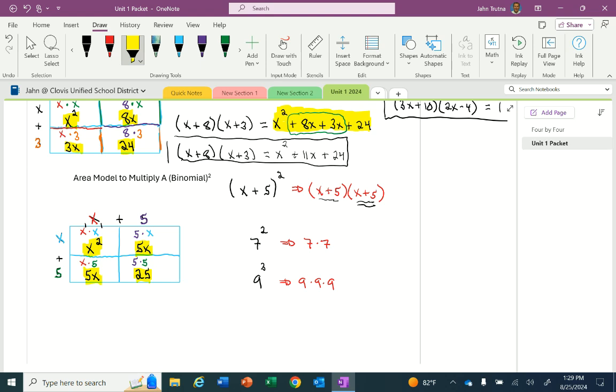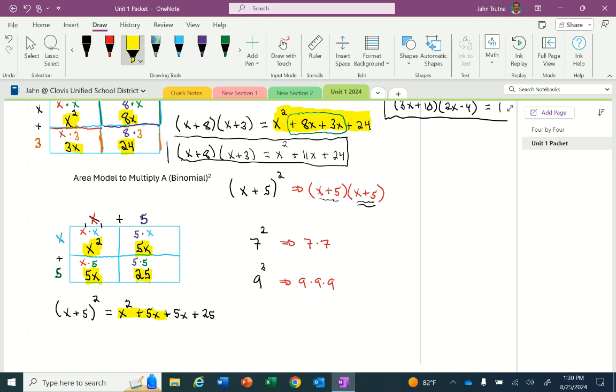So what these 4 rectangles tell me is that when I take the binomial x plus 5 to the second power, it is equal to x squared plus 5x plus 5x plus 25. Why are they both plus 5x? Because each of the 5x's were positive. And why is it a plus 25? Because the 25 was positive.